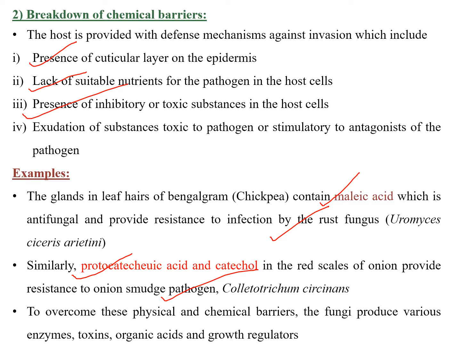So to overcome these physical and chemical barriers, fungi produce various enzymes, toxins, organic acids and some growth regulators like abscisic acid and gibberellic acid. Enzymes, toxins and growth regulators I will cover in the coming videos. So you have to remember that to overcome these physical and chemical barriers, fungi produce various enzymes, toxins, growth regulators and organic acids.